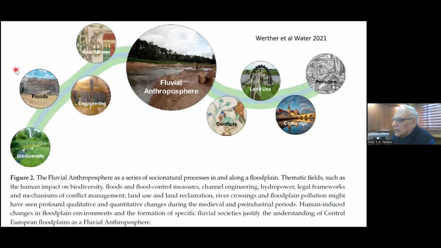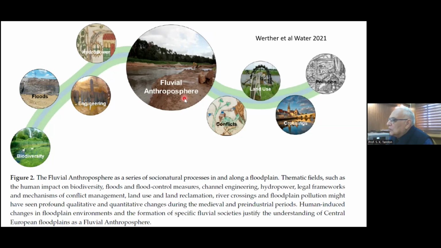How do we impact rivers? The biodiversity gets impacted, the pattern of floods gets impacted. We create engineering structures, we create hydropower plants. So the fluvial systems are no longer natural fluvial scapes, but stand converted into what we call the fluvial anthroposphere.